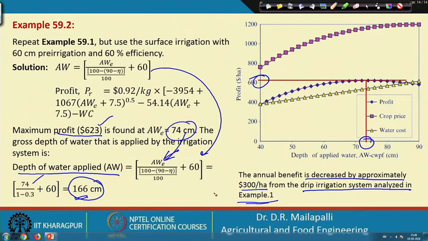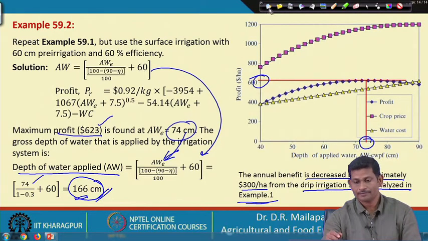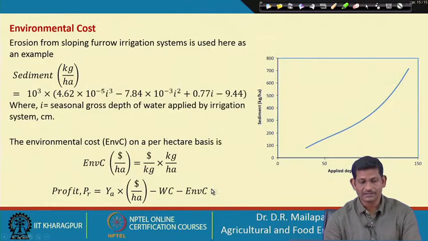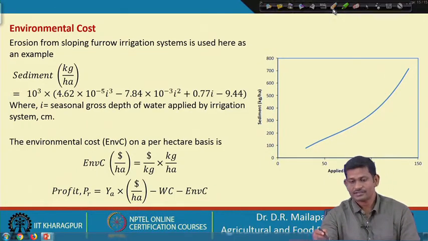And not only that, if you see the gross water depth, that is increased by around 74 centimeters compared to the previous example. So, this way you can analyze whether shifting from one irrigation to another is profitable or not. And then environmental cost.